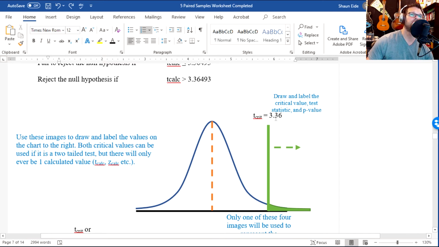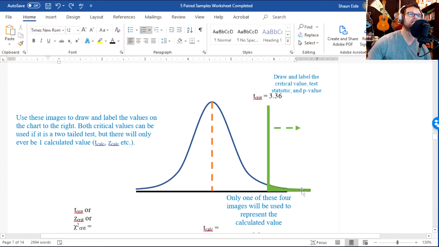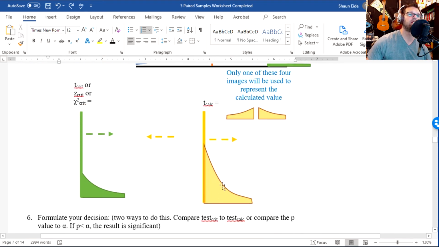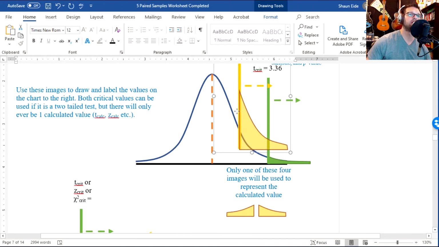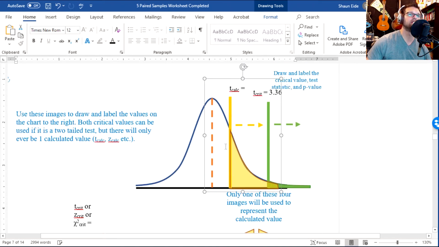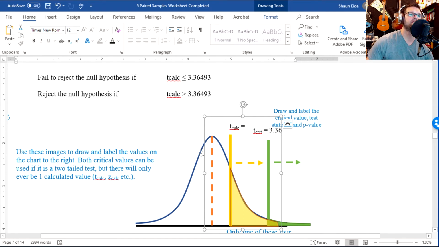So t-crit is 3.36, and so if the calculated value is above that t-crit value, we are going to reject the null hypothesis. But what is it? So I'm going to bring this up here, and I'm going to put t-calc right about there. And so what is t-calc?